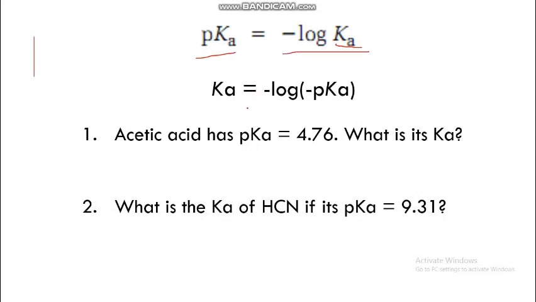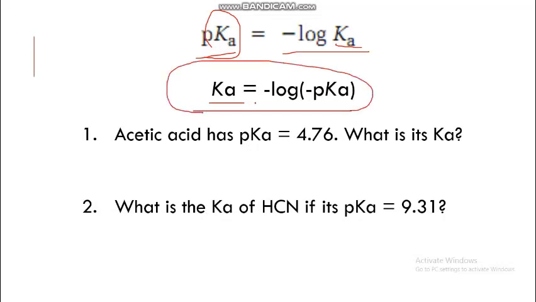Now, usually, pKa nga, yung acid strength ng ating mga acids. Now, how do we calculate Ka from a given pKa? So we have this equation. So Ka is the antilogarithm of negative pKa.